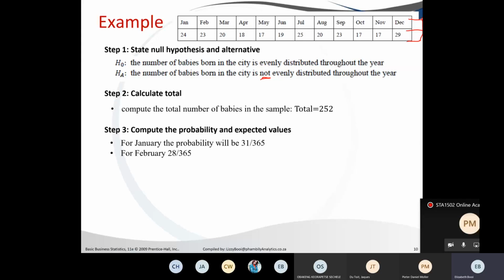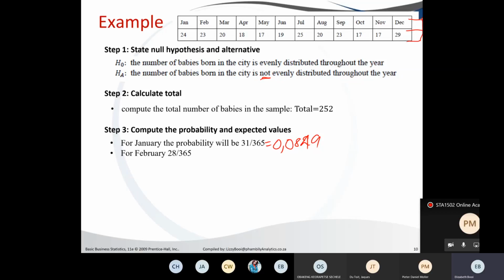31 divided by 365, and that gives us 0.0849, because my calculator is on 4 decimals. Let's put my calculator to 2 decimals.